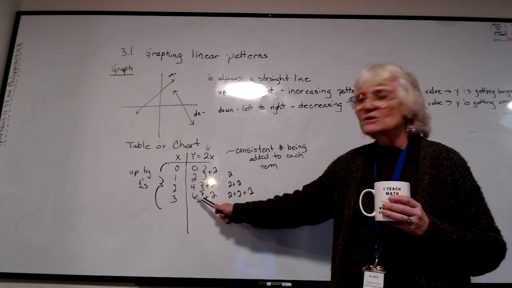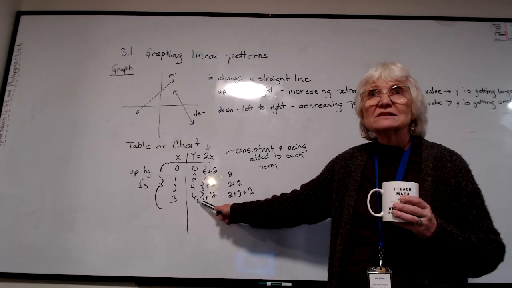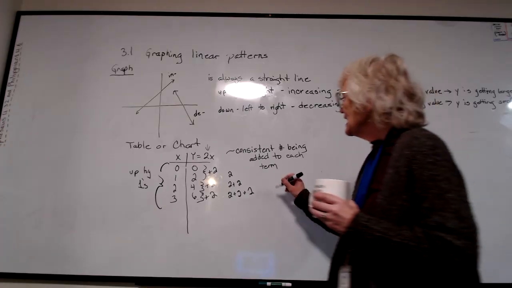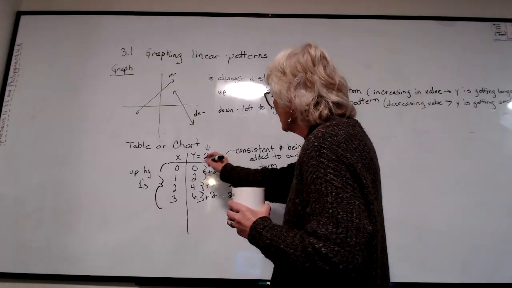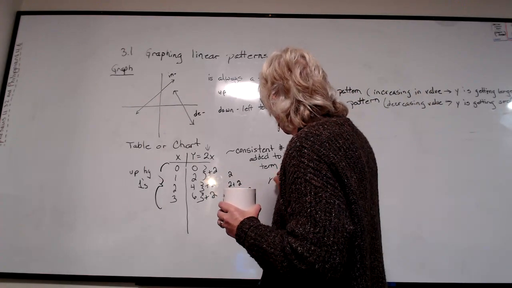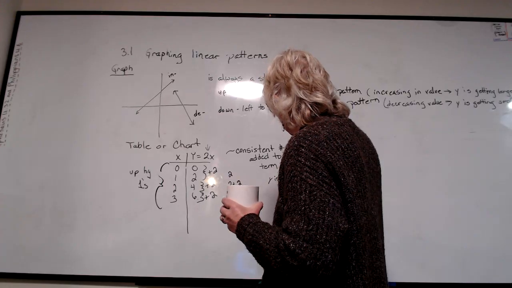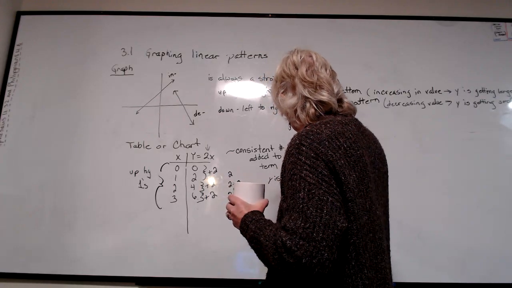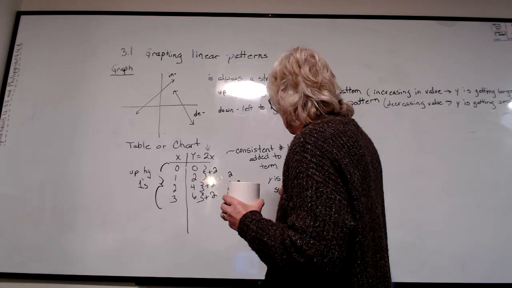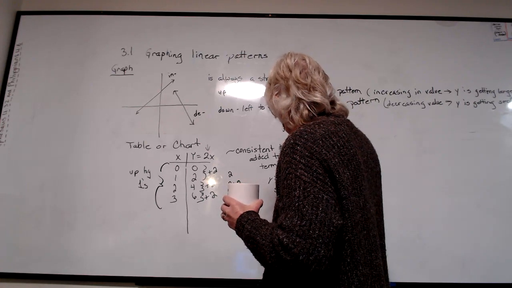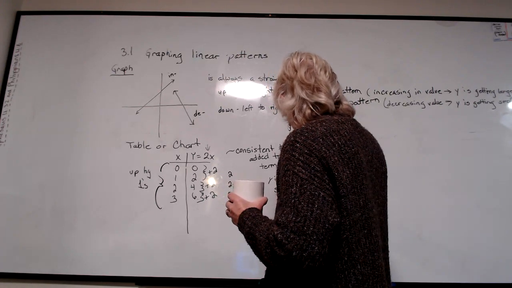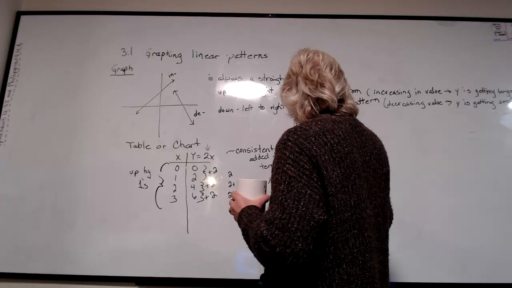0, 2, 4, 6, my y value is increasing. So this is an increasing pattern, so you can look at it just to see what it's doing. Y is going up by 2. So this is an increasing pattern.